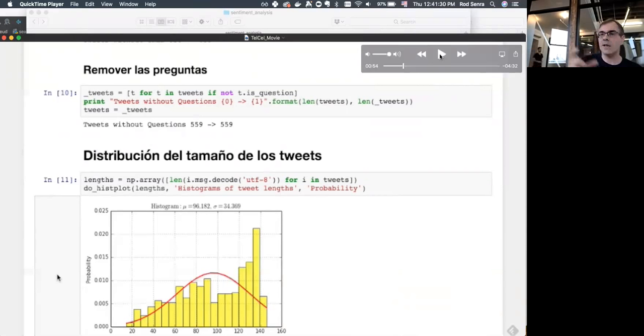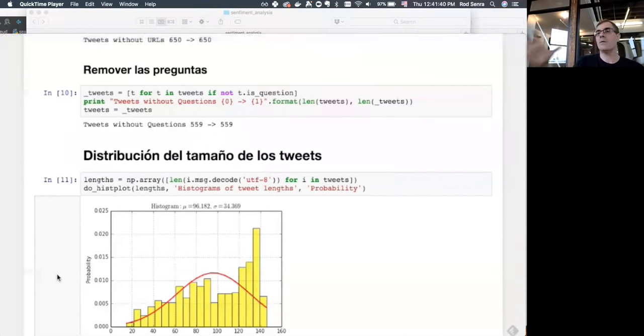Because sometimes you can identify some tweets that are too short, like to the left, or some tweets that are too long, and maybe they are in the same category. Maybe they are just a hello thing, or a wow, and they are so short that you cannot identify a topic.